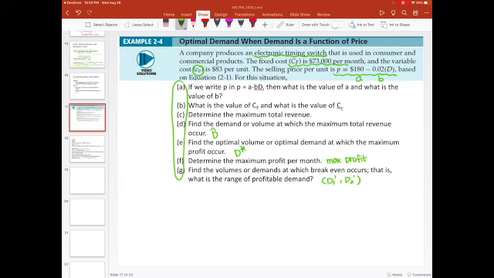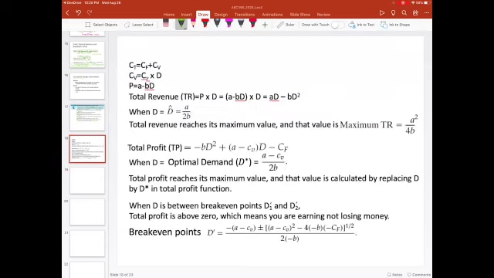Okay. To solve all these questions, this is the sheet you need with all the functions listed here. Okay, so you have C_T, total cost, you have C_V, total variable cost, you have P equals A minus BD, you have your total revenue formula, which is AD minus BD squared.